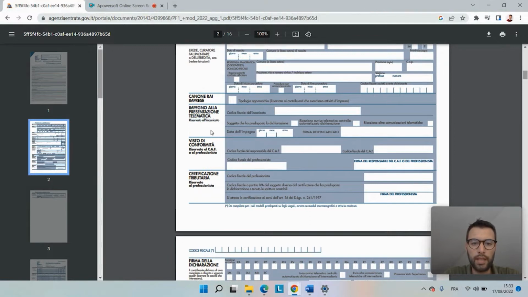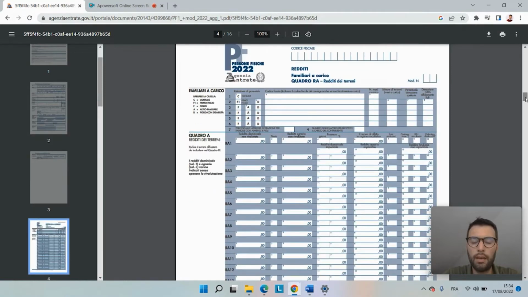This means if you want someone to send it for you, for instance if you decide to do this declaration via an accountant, which I was saying is advised at the beginning. And here you have the fiscal code of the accountant. I'm just going through the main forms today.